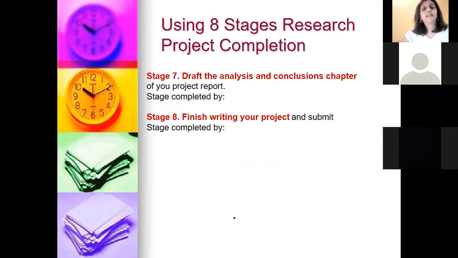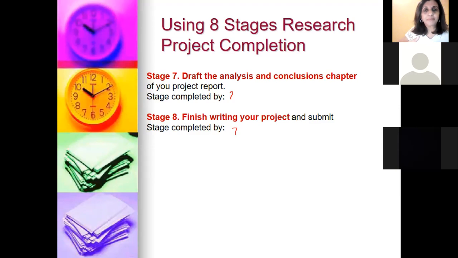And stage 7, draft the analysis and conclusions chapter of your project, and you put in your date. Finish writing your project and submit. You put a date. Now, with this kind of planning system, we are very confident you will not be asking for an extension. Okay? Try to get it done.